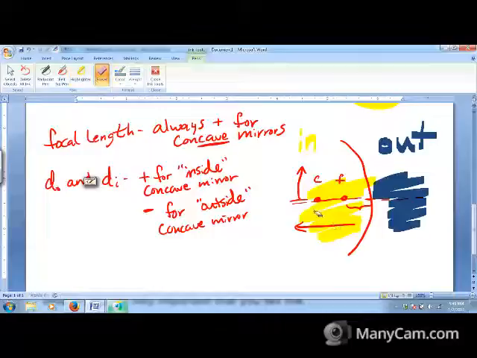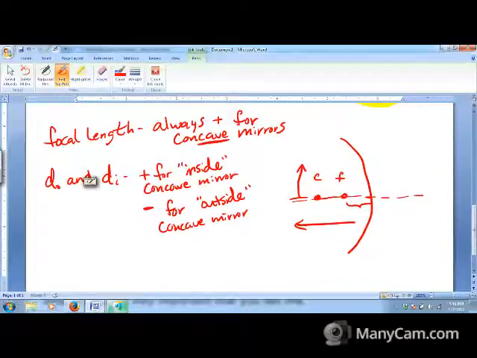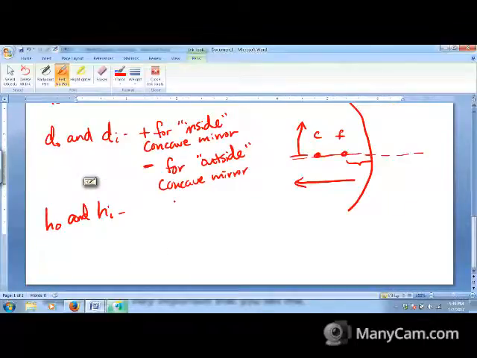All right. Finally, we need to talk about the height. This one's probably a little more intuitive. If you have a positive height, that means the image is upright. This would be an example of upright.